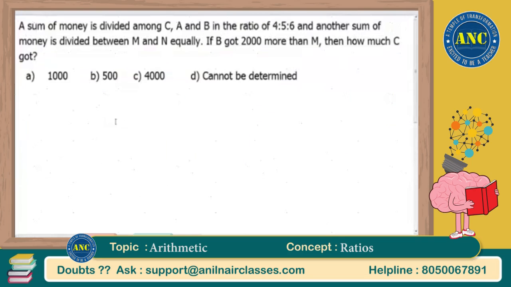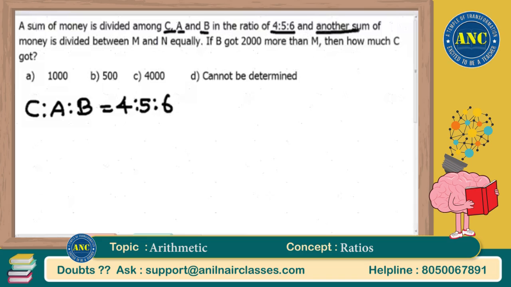Okay, now see here, sir. Similar kind of question, but let us see how to solve this question. A sum of money is divided among C, A and B in the ratio 4 is to 5 is to 6. This is the first statement.